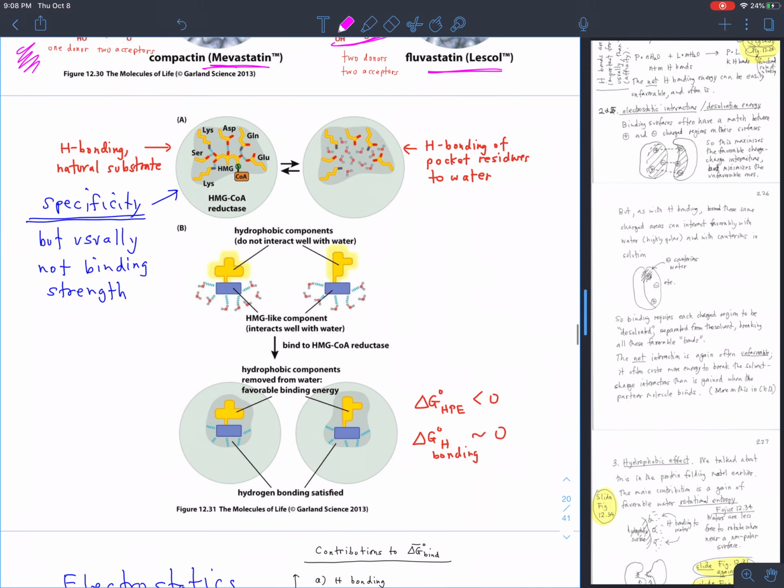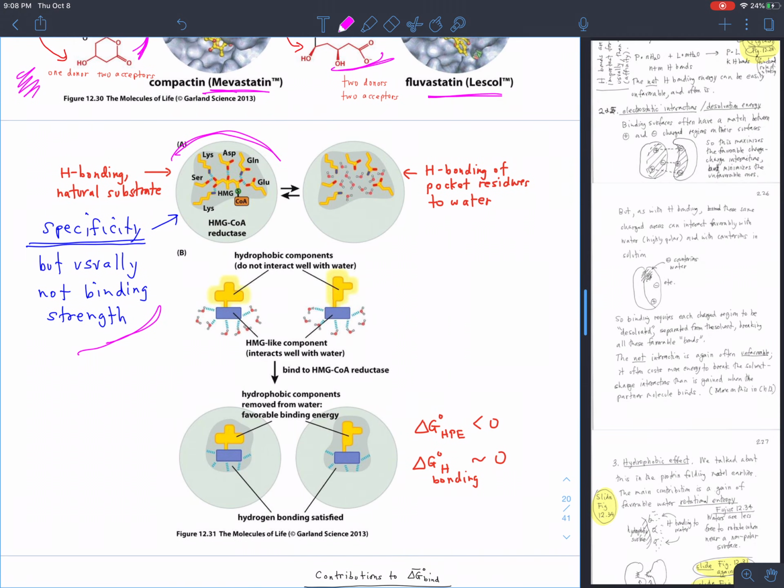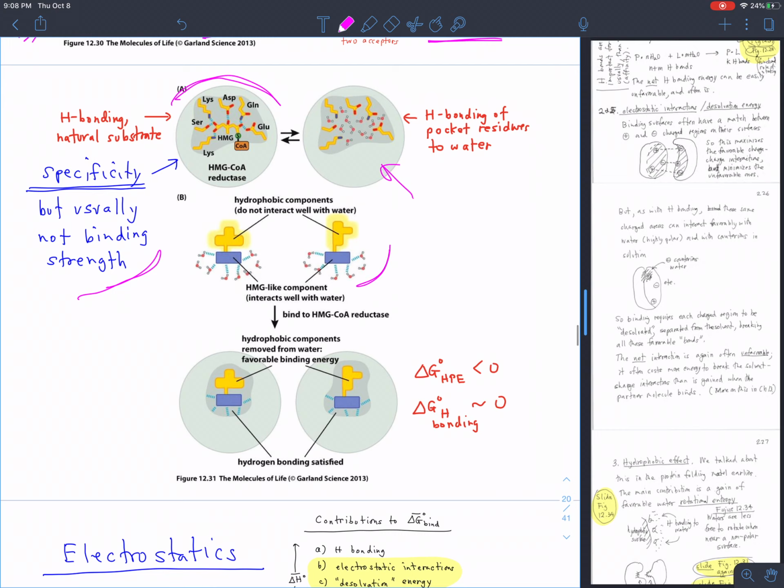So here's the basic idea. You've got some hydrogen bonding pattern, and the hydrogen bonding pattern gives rise to specificity in general, but not so much to binding strength, because water molecules replace your molecule when you take the molecule out, and likewise water molecules surround your molecules when you take the molecule out.